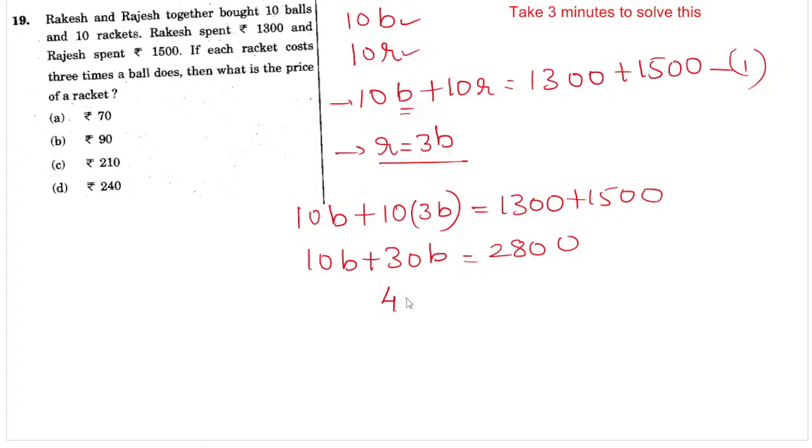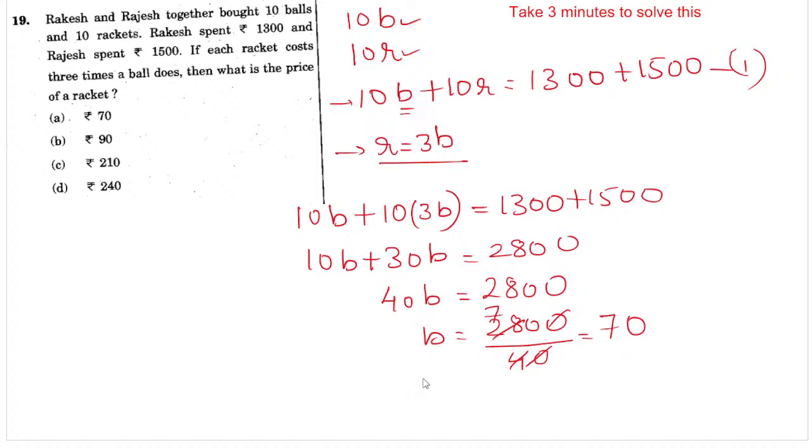And this is 40B is equal to 2800. B is equal to 2800 divided by 40. 4 sevens are 28, so this is 70. Cost of the ball is equal to 70.